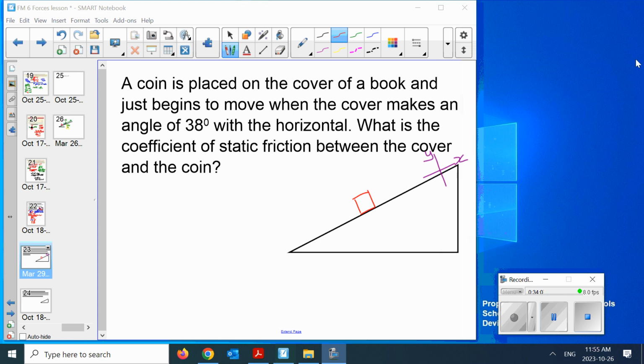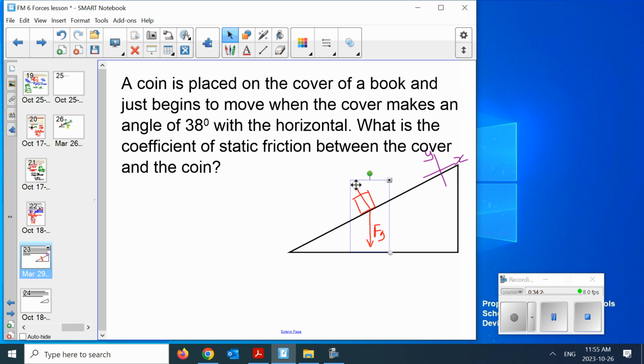Let's just see what we can do here. Like I say, it's the same diagram as the other one. You've got a weight force that's straight down and a normal force that's straight up. It's not drawn very well. My normal force, straight up.